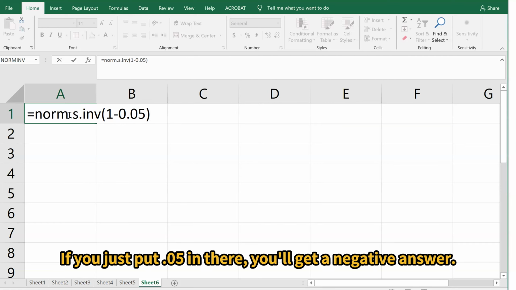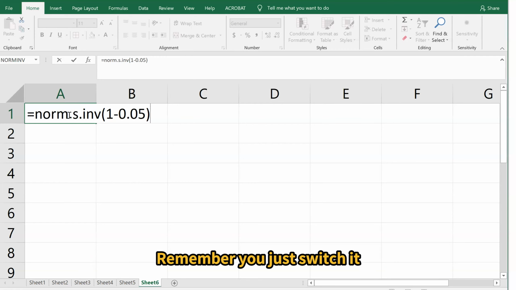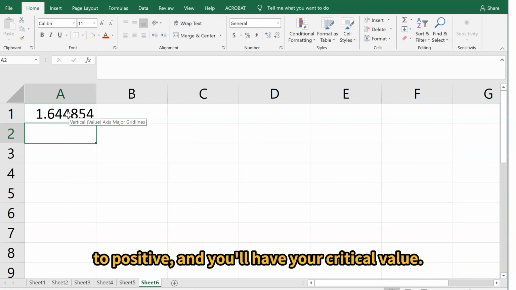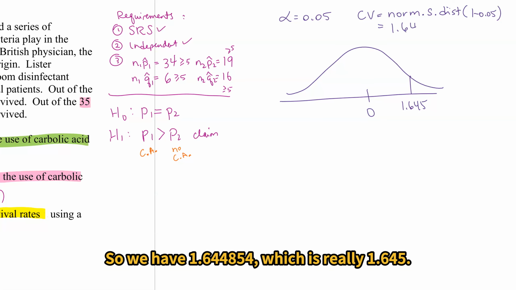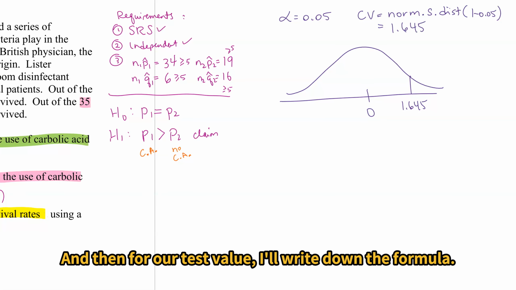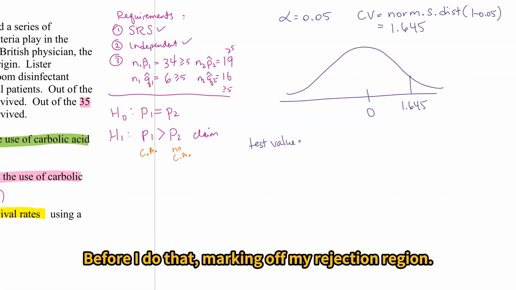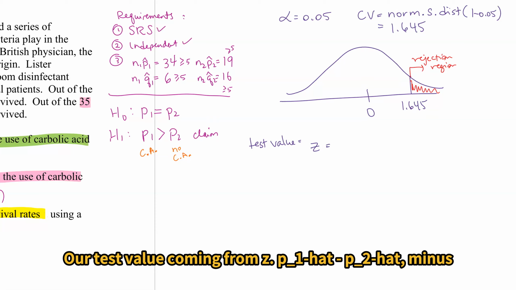If you just put 0.05 in there, you'll get a negative answer. Remember, you just switch it to positive and you'll have your critical value. So we have 1.644854, which is really 1.645. And then for our test value, we'll write down the formula.